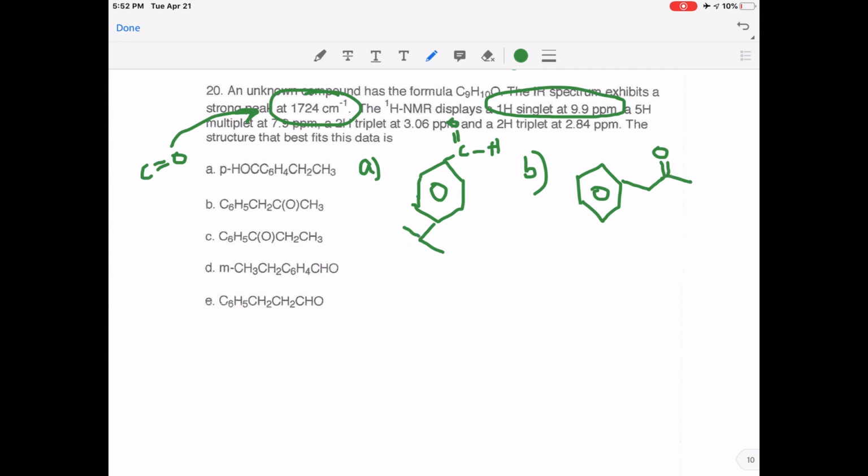So actually, let me just draw the protons here so we can be clear about what's going on.